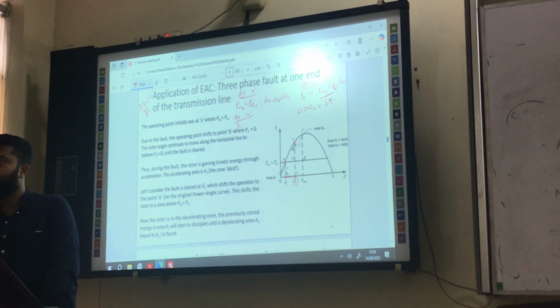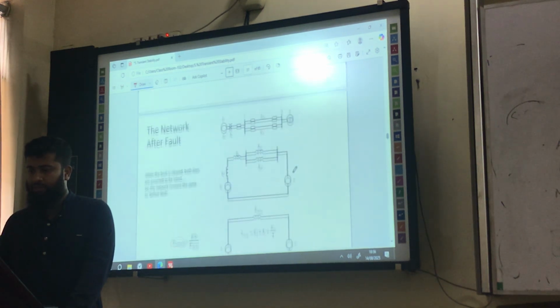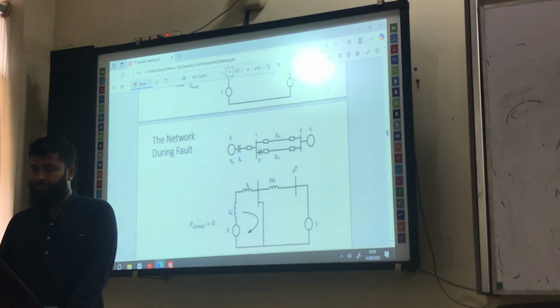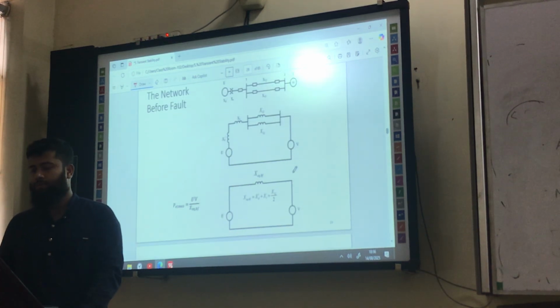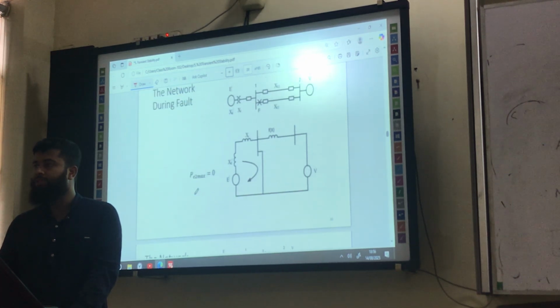Immediately jump back to the Pe curve? Yeah, exactly. We will jump immediately to Pe, because this is not continuous, rather discrete. Before the fault the power was transmitted, but during the fault it was completely zero.